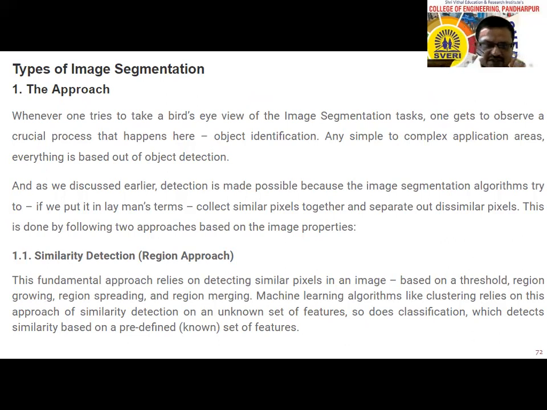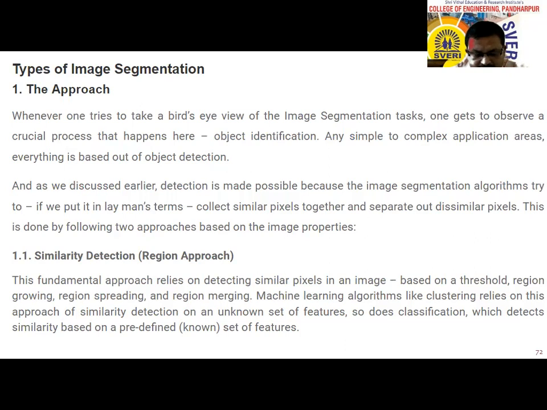As we discussed earlier, detection is made possible because image segmentation algorithms try to, in layman's terms, collect similar pixels together and separate out the dissimilar pixels. That is nothing but image segmentation. This is done by following two approaches based on the image properties.